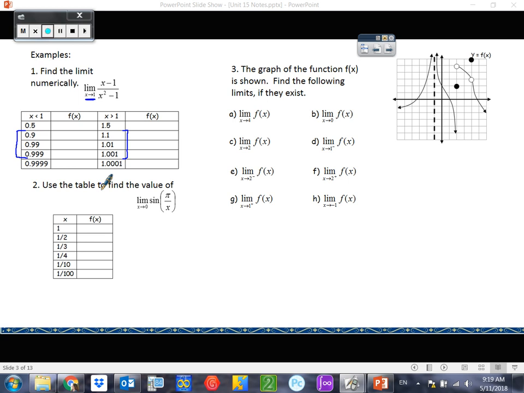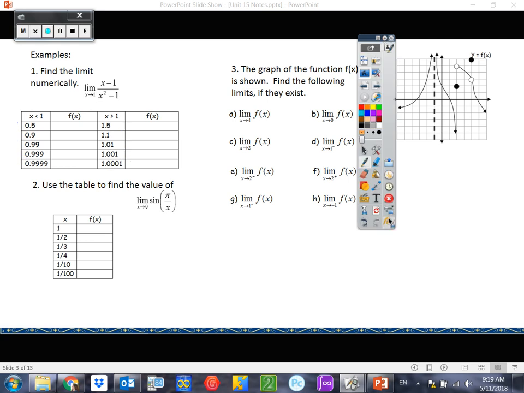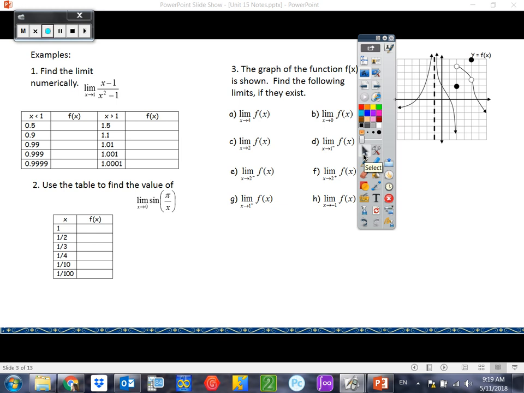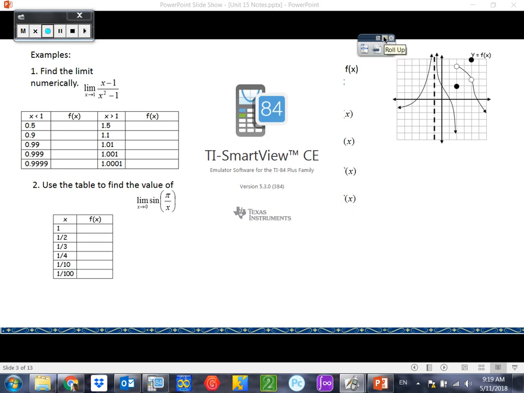So let's go ahead and go to our calculator. We've talked about this technique before, and I'll continue to talk to you about it because it's something you need to be comfortable with. You'll be using it in calculus, so we just practice it over and over again.